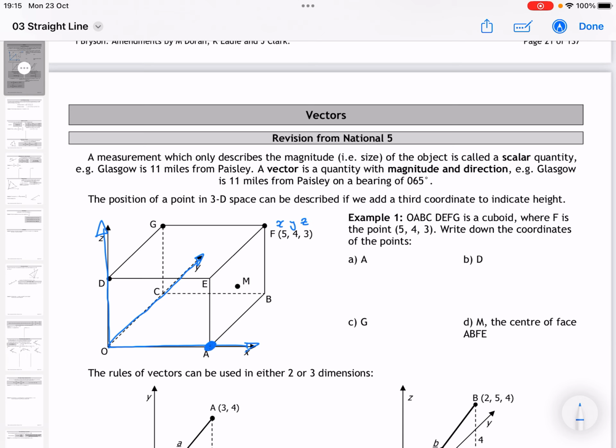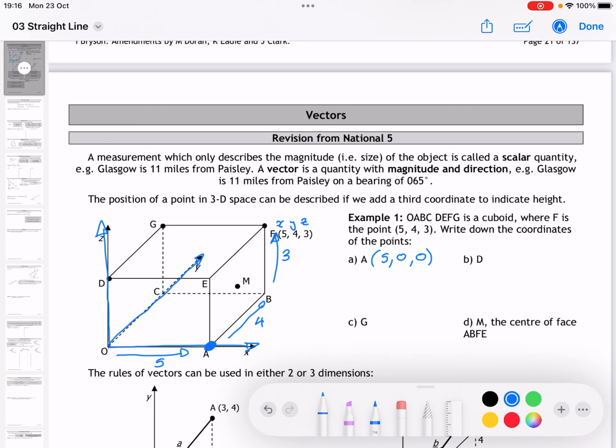So if F is 5, 4, 3, that means to get to F, we go along 5, we go back on the y-axis 4, and we go up 3. So to get to A, we go along that 5, we don't go back, and we don't go up. So A is 5, 0, 0.